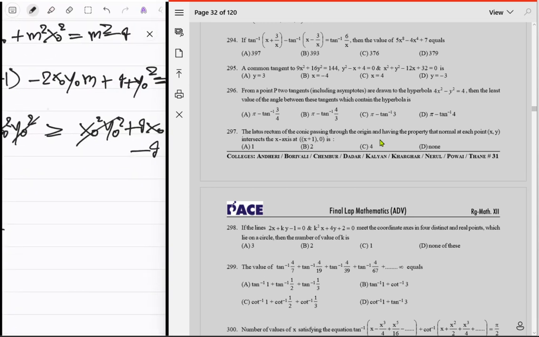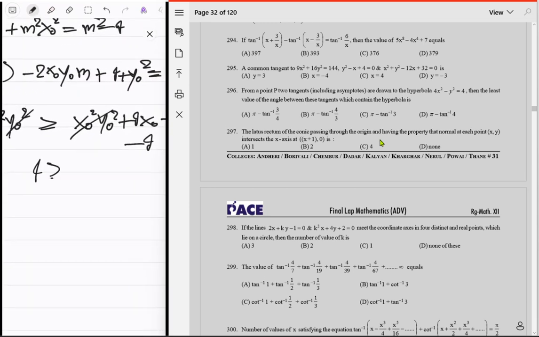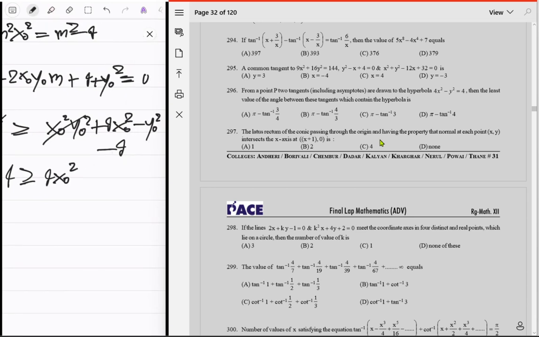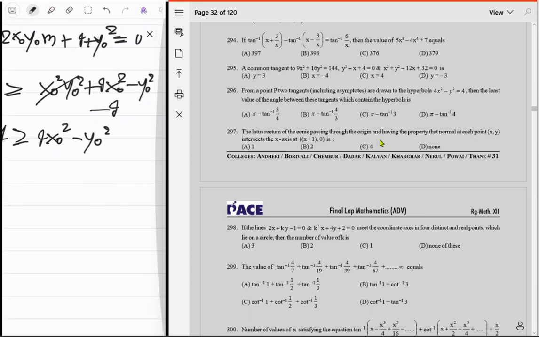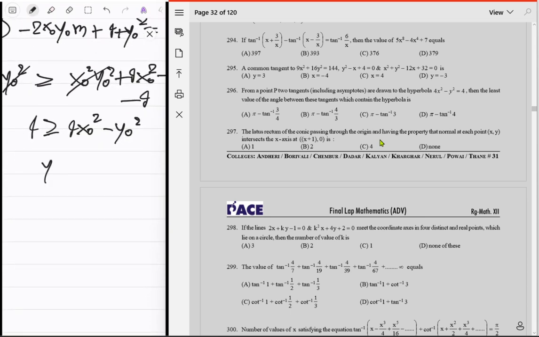Which means 4 should be bigger than or equal to 4x naught squared minus y naught squared. So ये जो x naught y naught है, they should have y naught squared plus 4 bigger than or equal to 4x naught squared, which means x naught squared is less than or equal to y naught squared upon 4 plus 1.